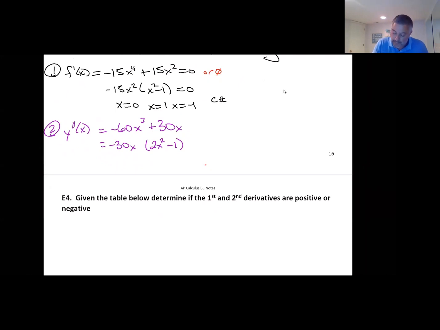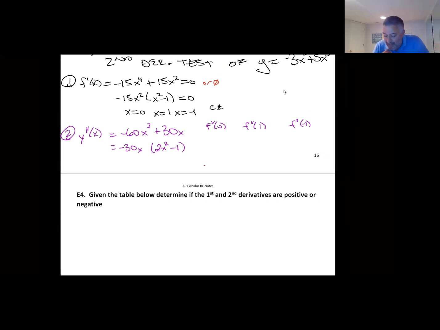So we're going to look at f double prime of 0, f double prime of 1, f double prime of negative 1. When I plug in 0, I am going to get a negative number. No, I'm going to get 0. 0 times a negative, right? Which is 0.